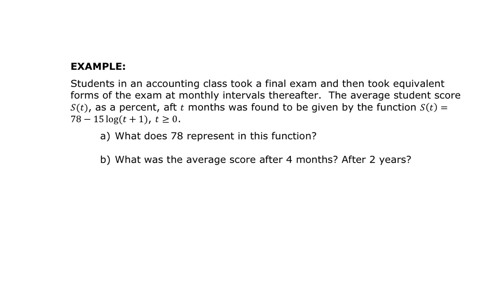Well, if I were to put in 0, so S, actually it's not a lowercase, it's a capital. I'm going to make my S's capital, because otherwise my S's look like 5s. So S of 0 would be equal to 78 minus 15, and then I'd have the log of 0 plus 1.